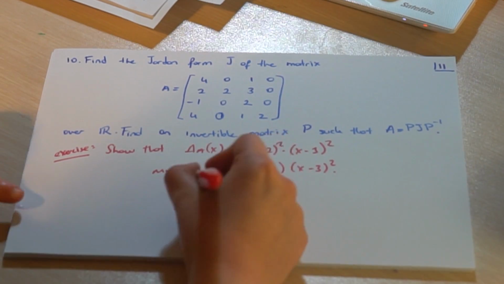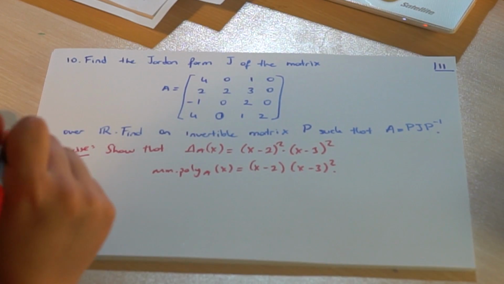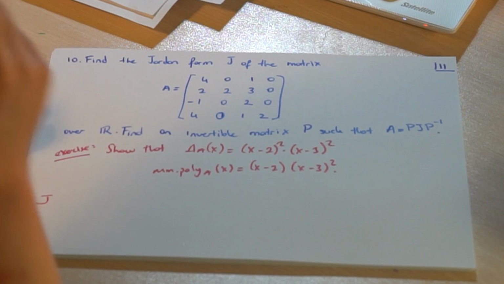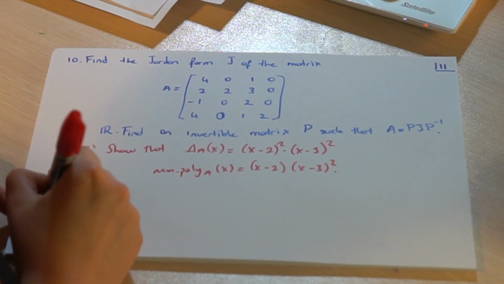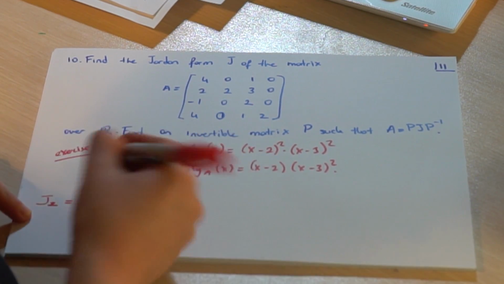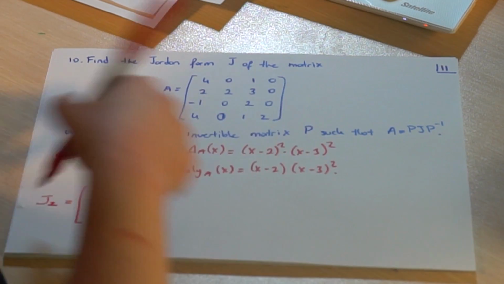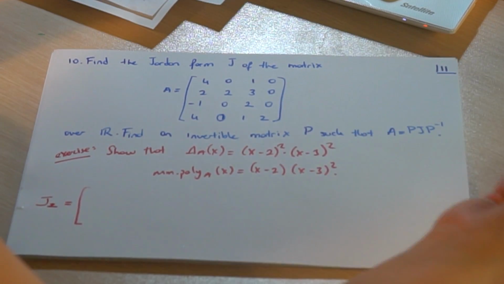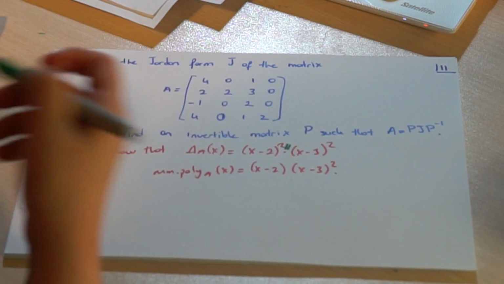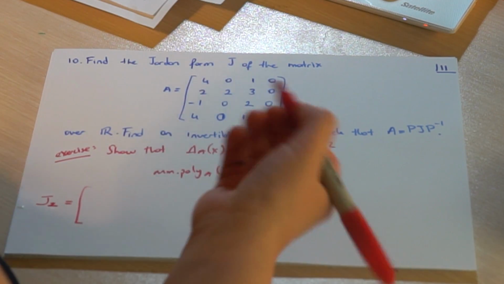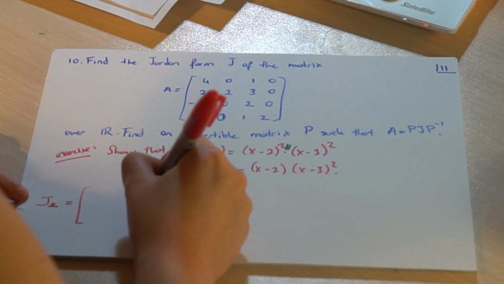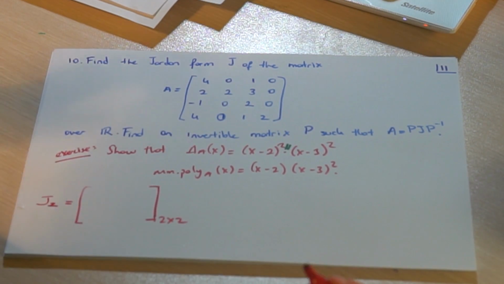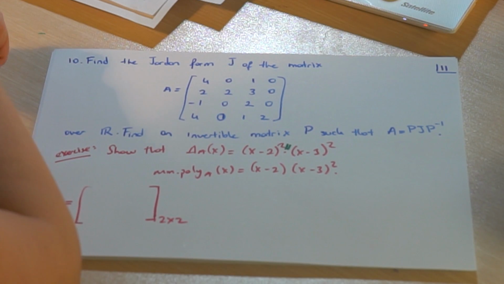Now, since the minimal polynomial of A is of this form, we can write the Jordan form. Let us first write the Jordan blocks for 2. Since x minus 2 has degree 2 in the characteristic polynomial, the Jordan matrix for eigenvalue 2 will be of the form 2 by 2.